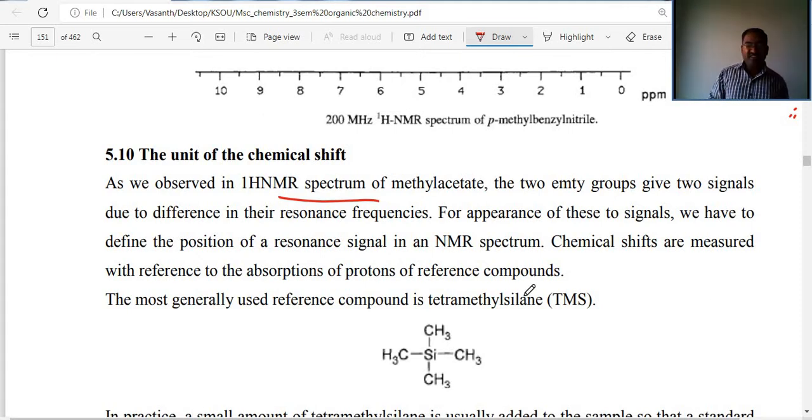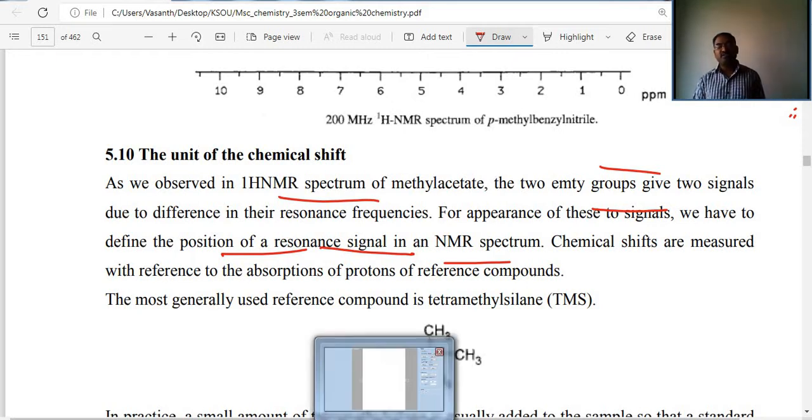To express these differences, we have to define the position of the resonance signals in an NMR spectrum. The chemical shifts are measured with respect to the absorption of protons of a reference compound.